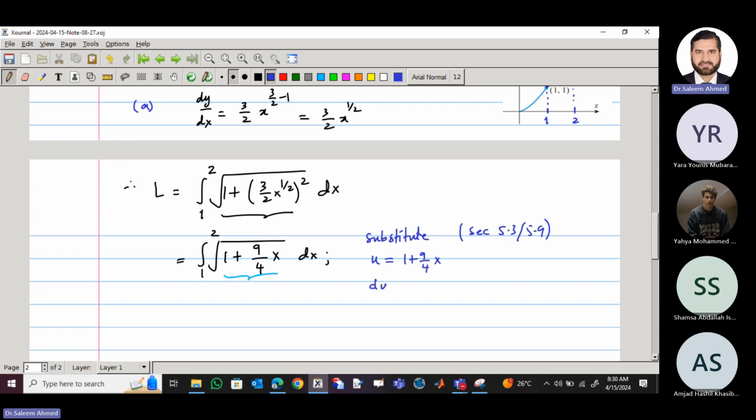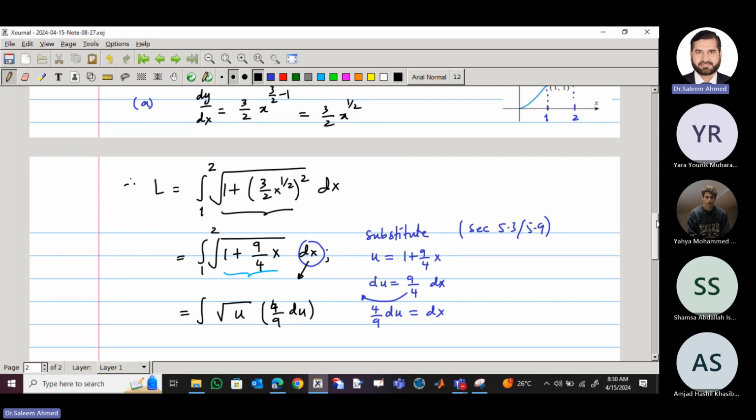If this is the case, then du becomes 9 by 4 dx. The derivative of this is 9 by 4 into dx. But I only have dx. I don't have 9 by 4. So I can multiply it here. 4 by 9 du is equal to dx. So now you see this will become square root of u, because this whole thing becomes u. And this dx is 4 by 9 du. So this is the value of dx.